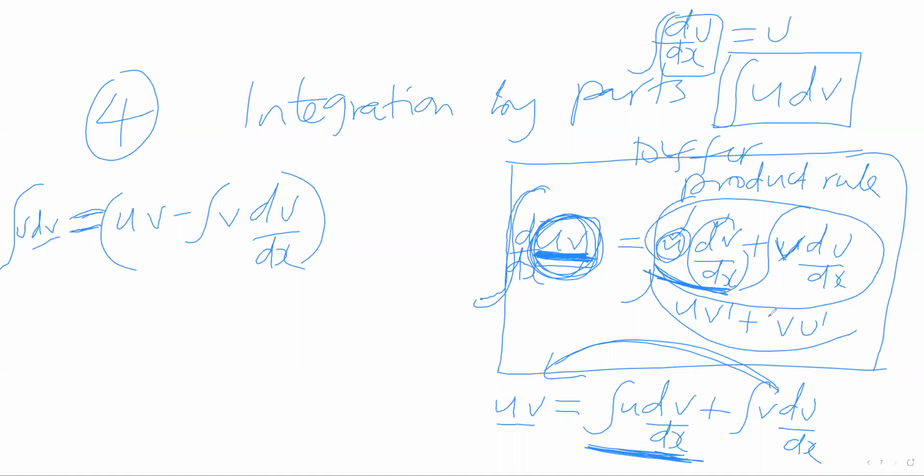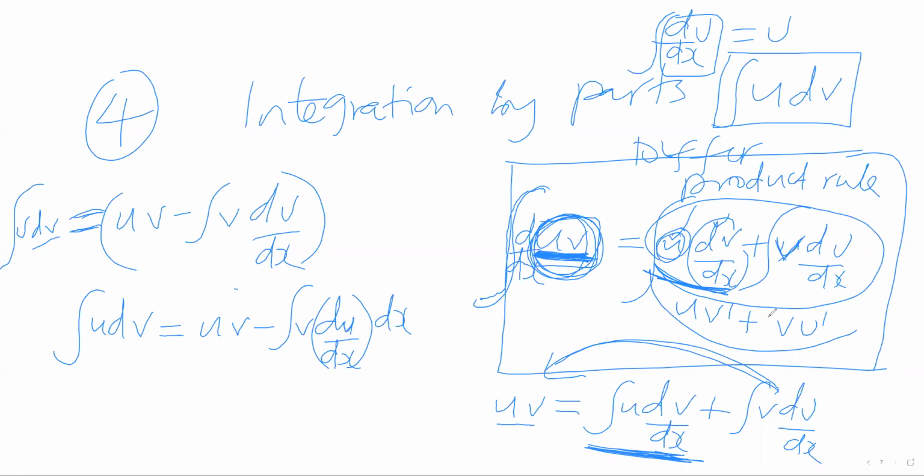So integration by parts, like we said in class, you have two functions. So the formula is like this: the integral of u dv dx equals uv minus the integral of v du dx, dx like that.